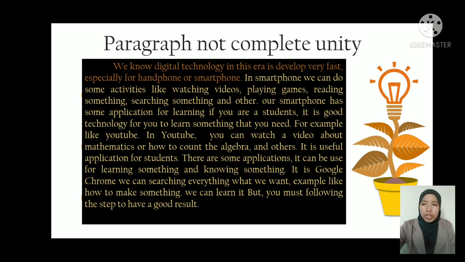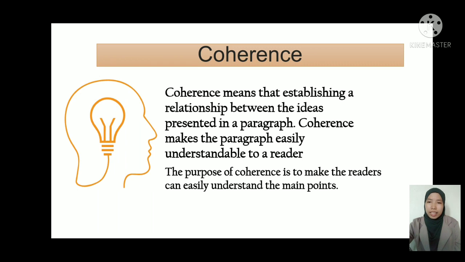The last sentence is, we can learn it, but you must follow the steps to have a good result. This is not a conclusion, because it still explains the body of the paragraph; the writer is still explaining a supporting sentence. Okay, the next slide is about coherence.